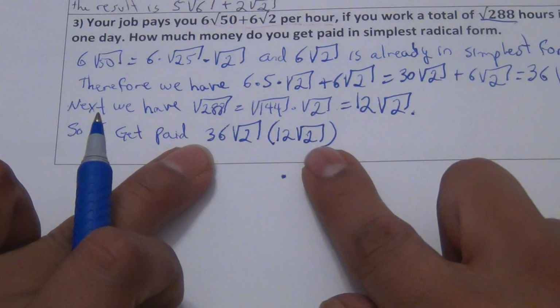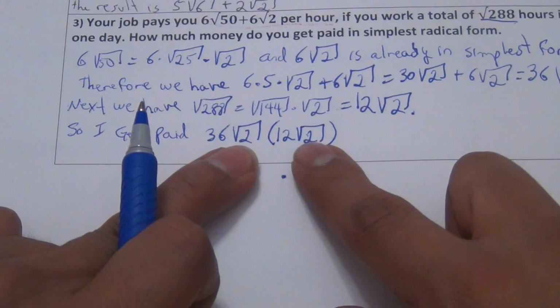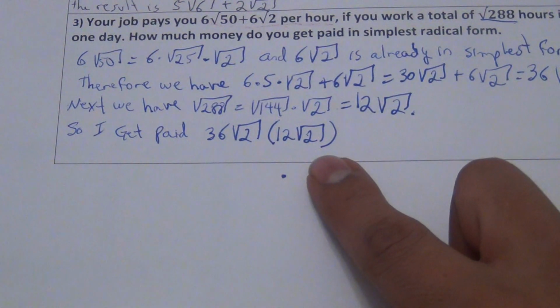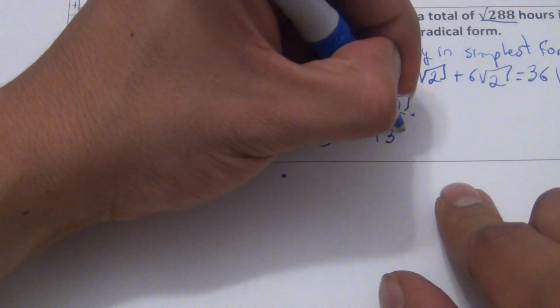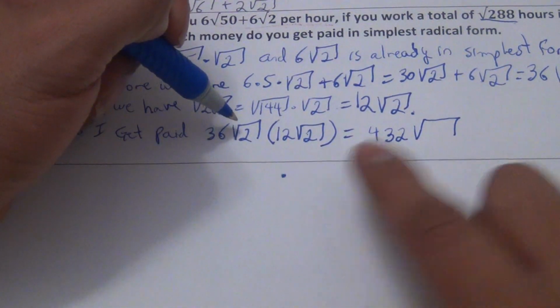So how do you multiply this? Easy. You multiply the natural part and then you multiply the radical part. So, question is, what is 36 times 12? Well, you're gonna have to use your calculators. So we get 432. And what is radical 2 times radical 2?